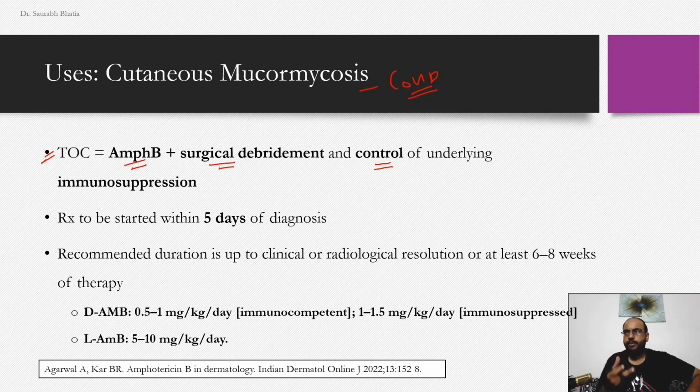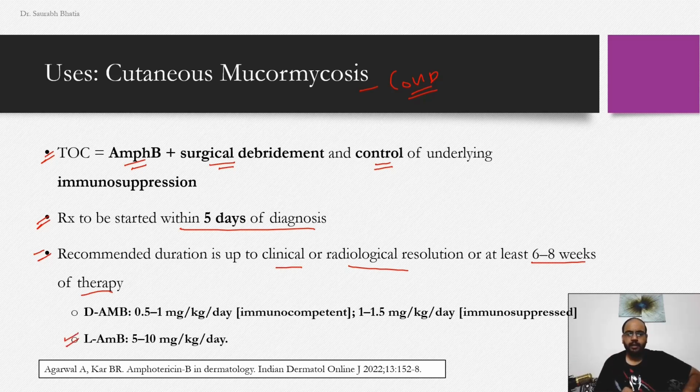You have to control the underlying immunosuppression, surgically debride the tissue, take all the affected necrotic tissue out, and start amphotericin B. Treatment has to be started within 5 days of diagnosis, and the recommended duration is until there is clinical or radiological resolution of the lesion, or at least 6 to 8 weeks. So if the clinical or radiological resolution happens before 6 to 8 weeks, you continue until the 6 to 8 weeks are completed and then stop.